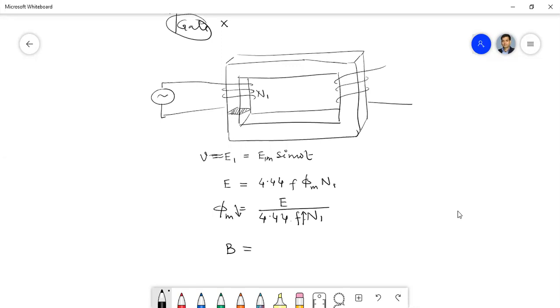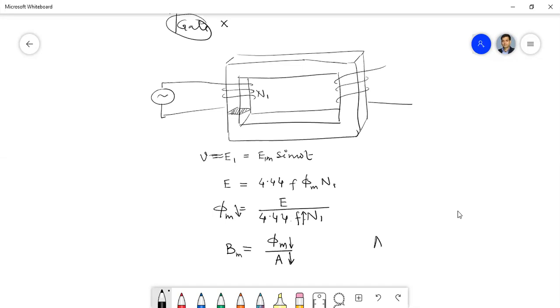Flux density is phi m by A. Now if we try to operate the core at a particular flux density, if my flux density is constant, and the flux is reduced, then the area will be reduced.